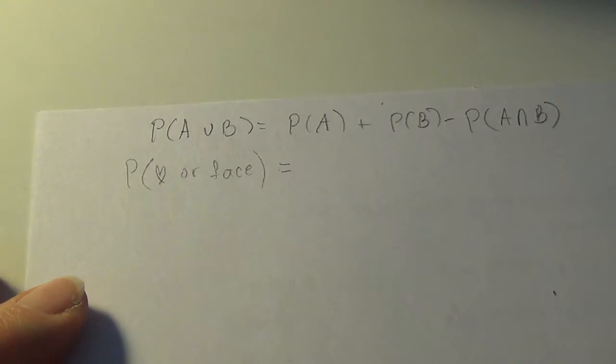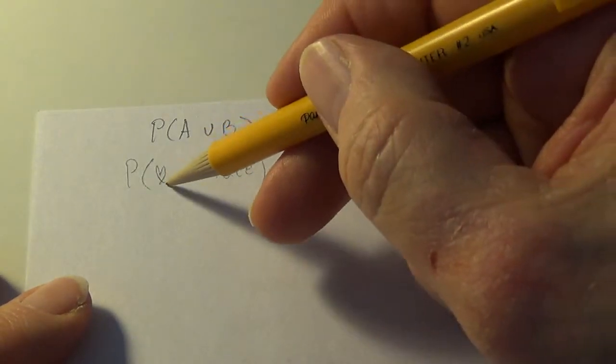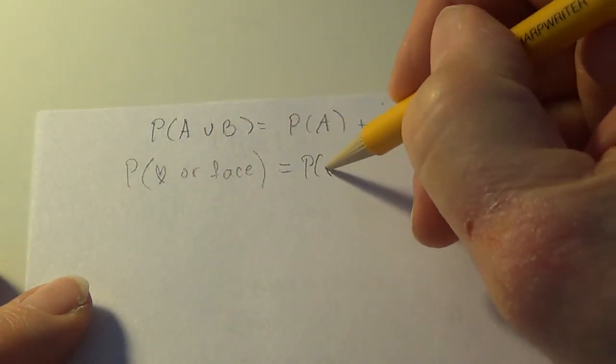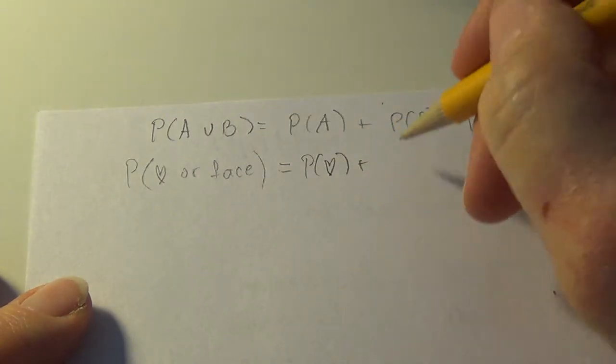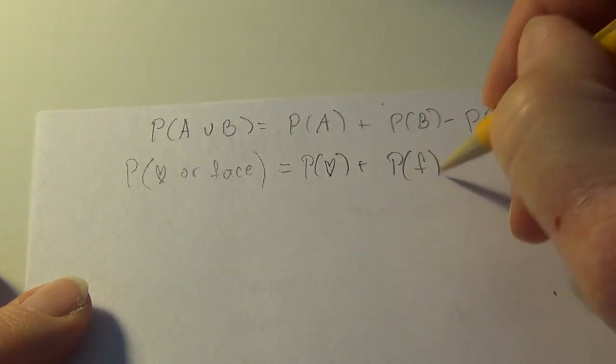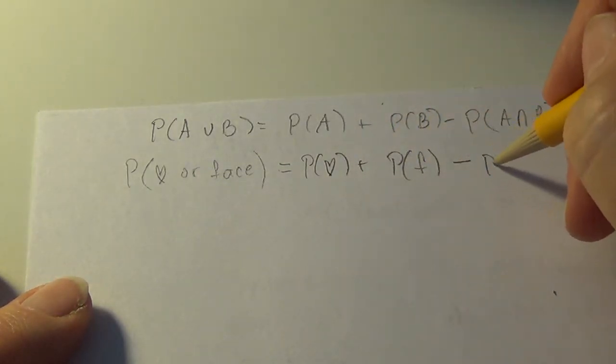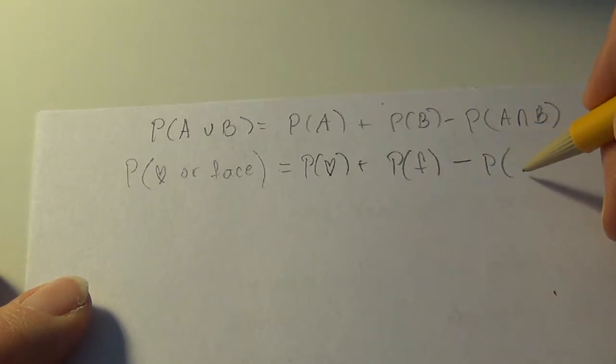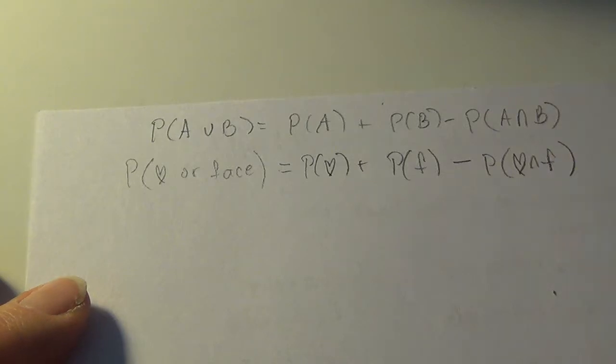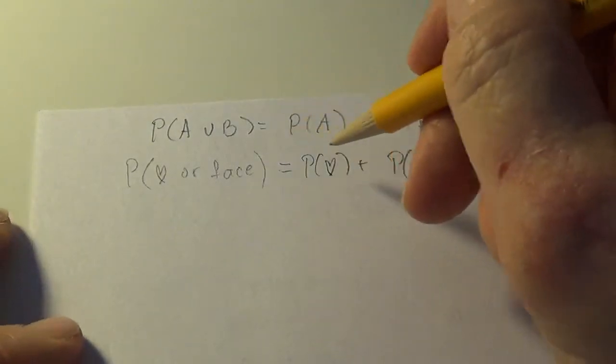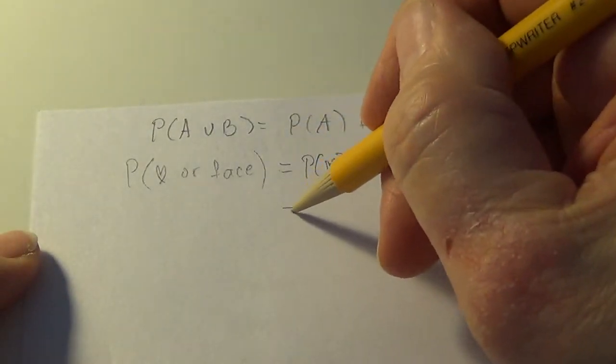So the probability of drawing a heart plus the probability of drawing a face card minus the probability of drawing a heart and a face card at the same time.